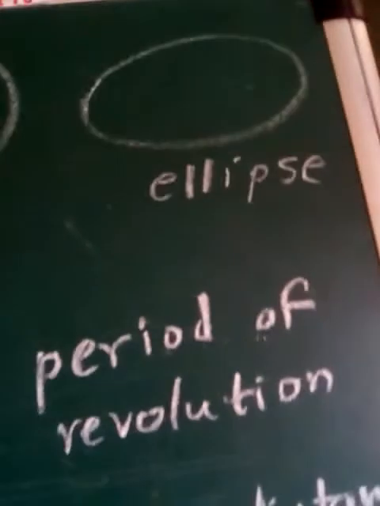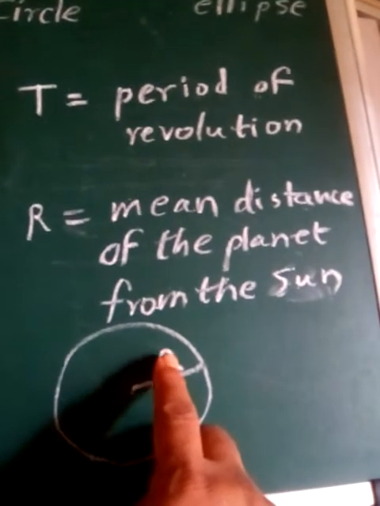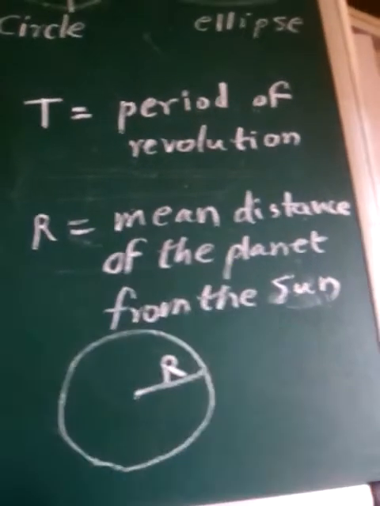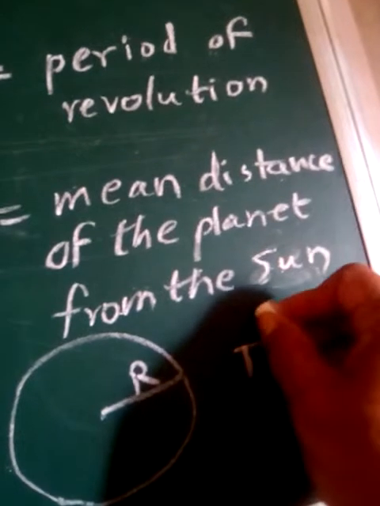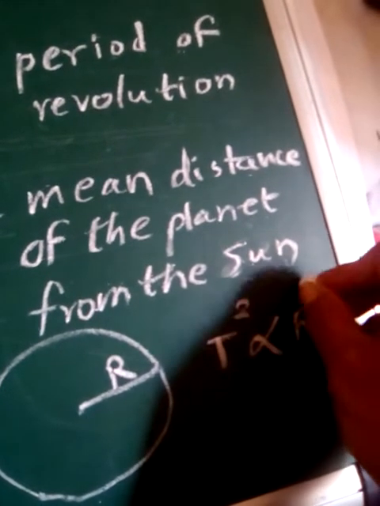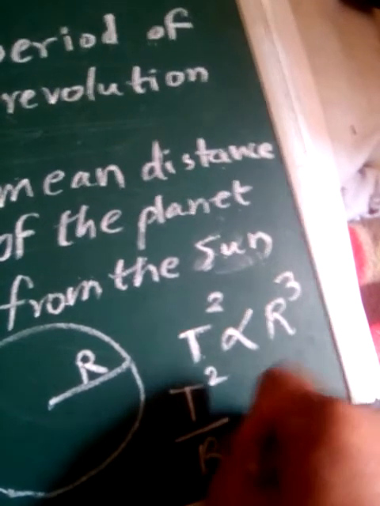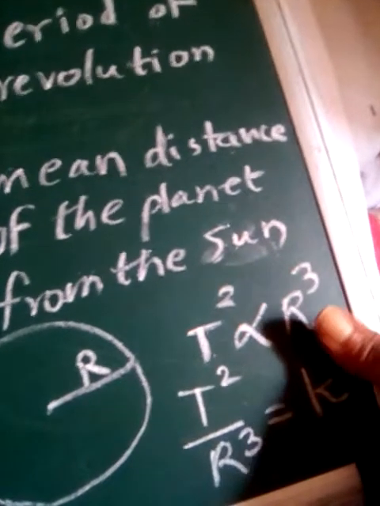So now whatever we speak of ellipse, let us now consider a circle with the radius equal to that mean distance, and then we say that T square is directly proportional to R cube, or in other words, T square upon R cube is equal to constant. So this is Kepler's third law.